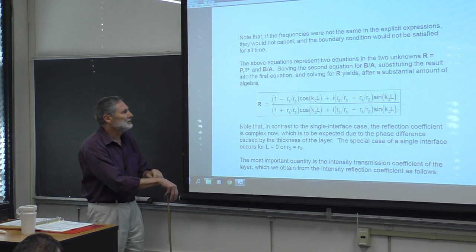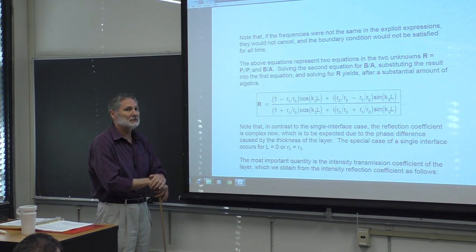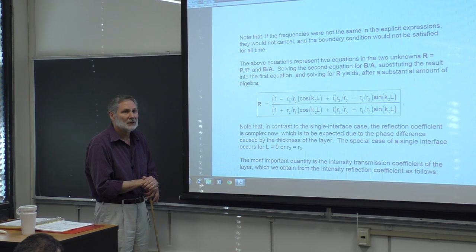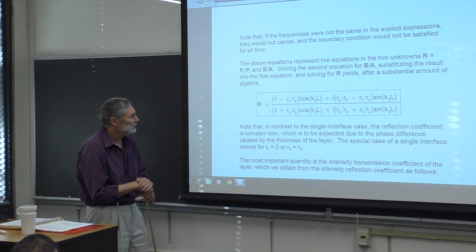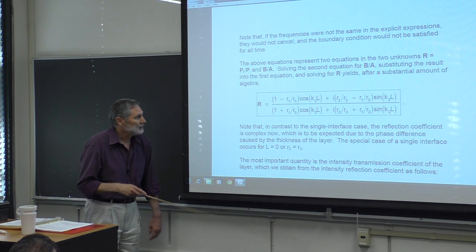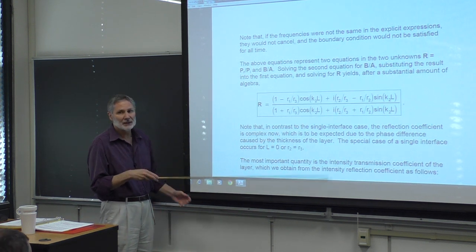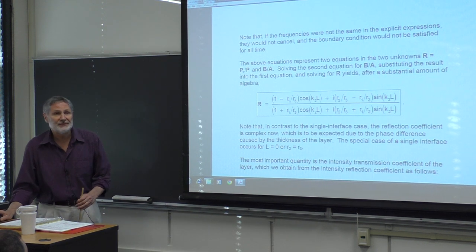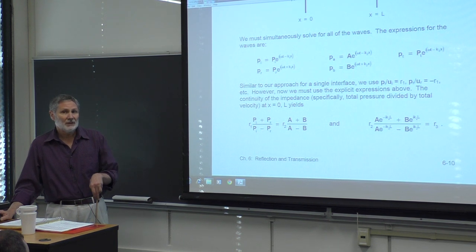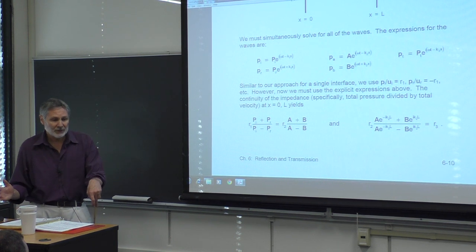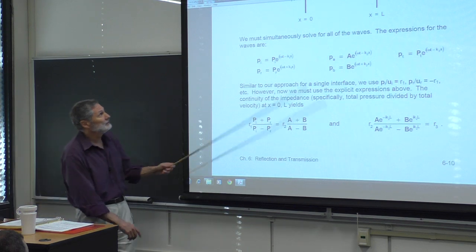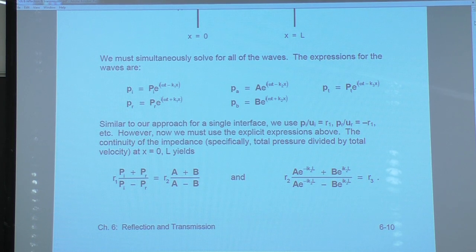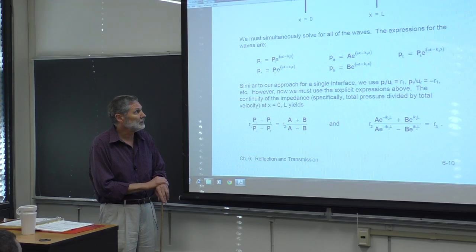For one thing, you'll notice here, before the reflection coefficient was real. It was either positive or negative or 0. What about here? You see the i right there? It's complex. But we would expect this. The reason is that the phase between the reflected pressure and the incident pressure at this interface is in general neither 0 nor 180, as it is for the single interface case.